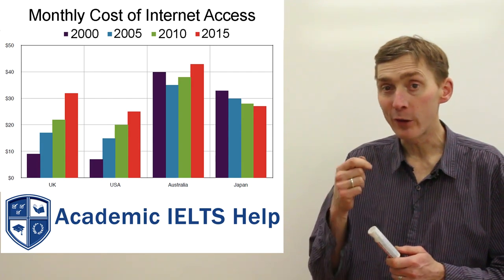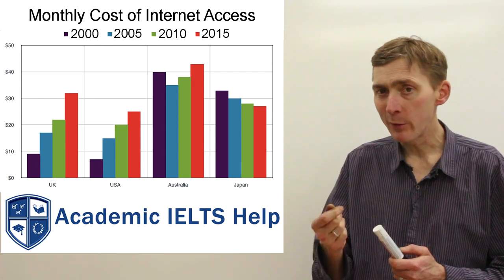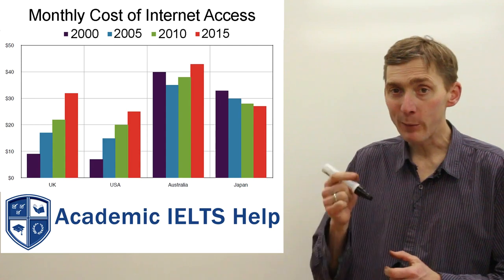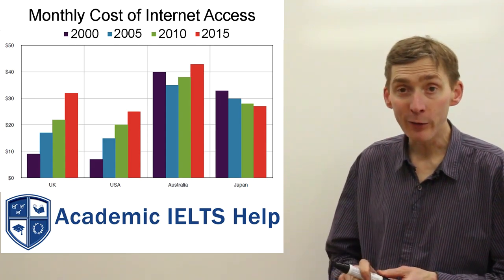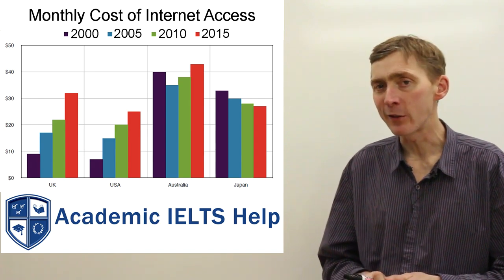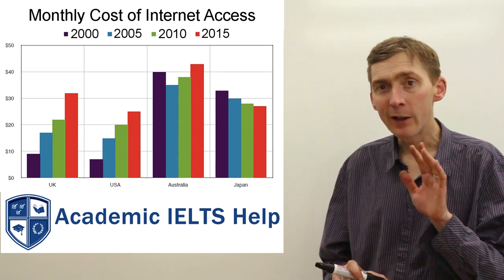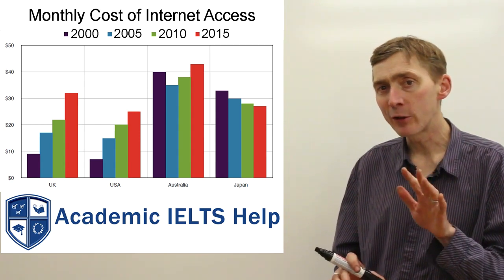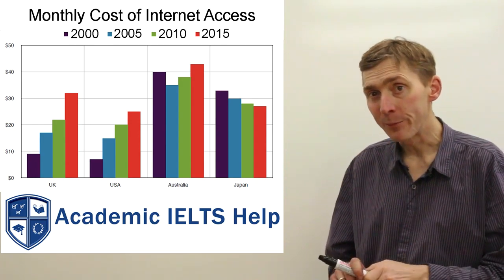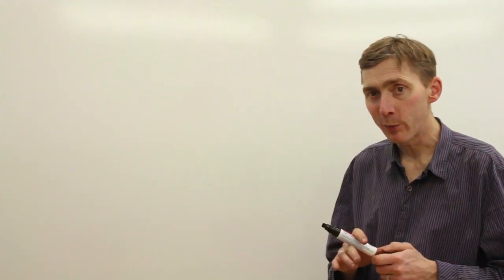We want to show that we've got synonyms, that we can paraphrase, we can talk about the same thing in different ways. So let's look at some examples of how you could paraphrase the question in your introduction. Remember that you have only 20 minutes to write this essay, so anything that you can do to save time is good. So let's look at a simple way to reword the question, and that will get it done quite quickly and leave you more time for the other parts.